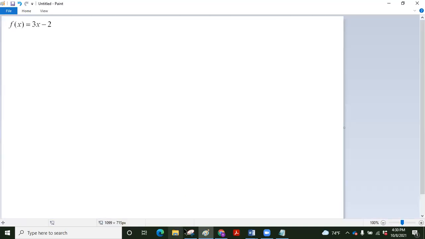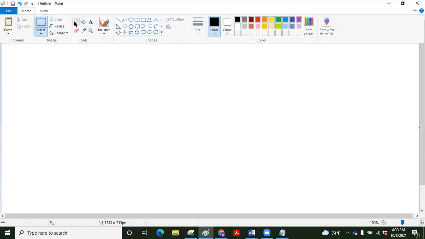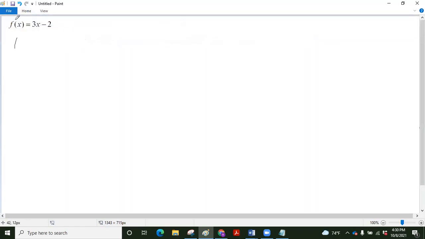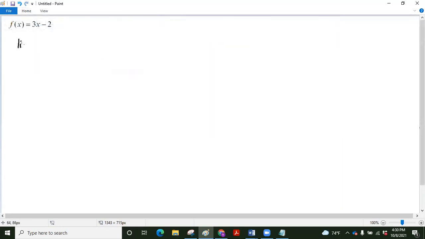We want to find the derivative using the limit definition. So remember that the limit definition of the derivative is the limit as h approaches 0 of f of x plus h minus f of x over h.